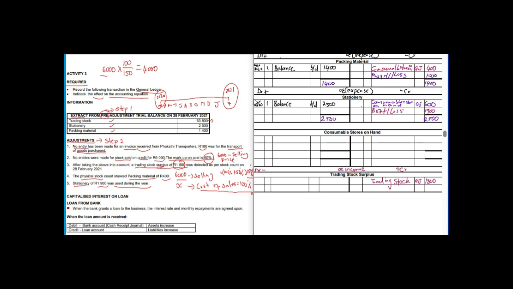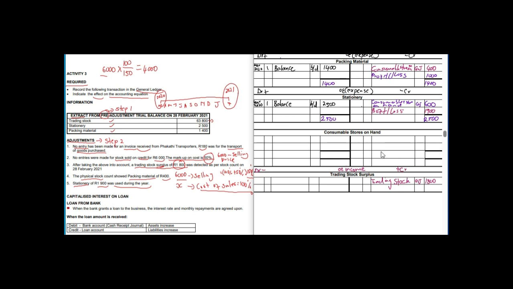Always remember that whatever you do on the credit side must also appear on your debit side. Since for packing materials we have consumable stores on hand, now we need to convert them from being an expense to being an asset. So we have consumable stores of 400 as packing material. One account credited means another account must be debited.